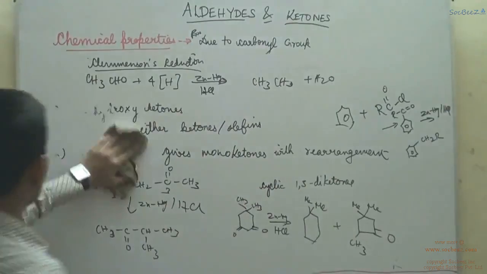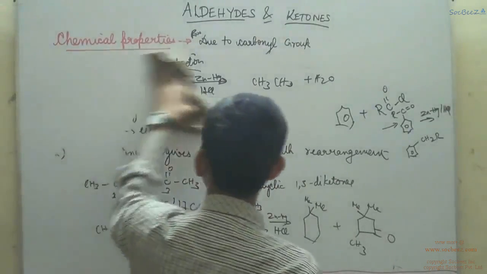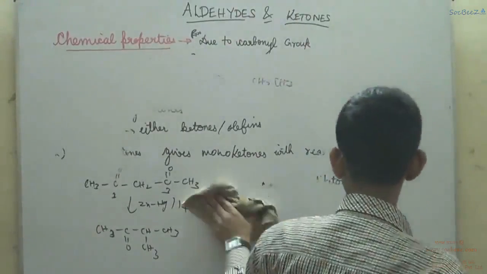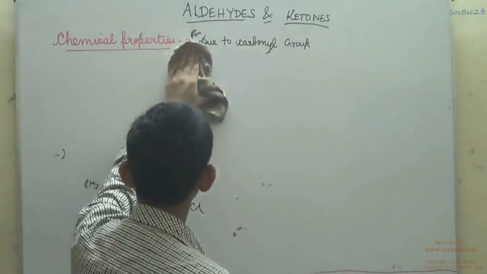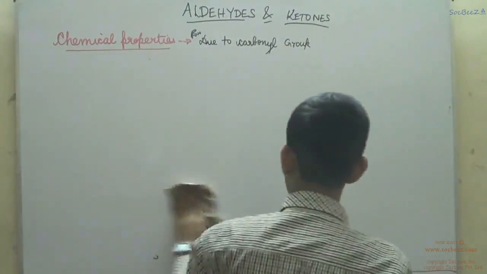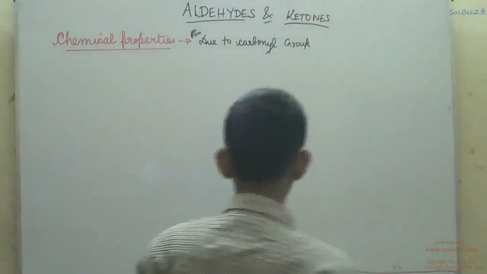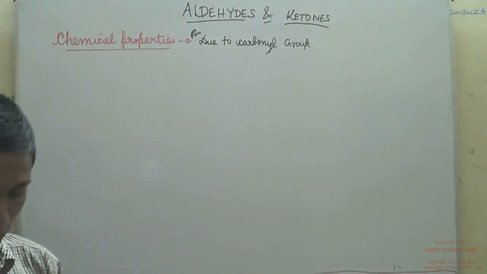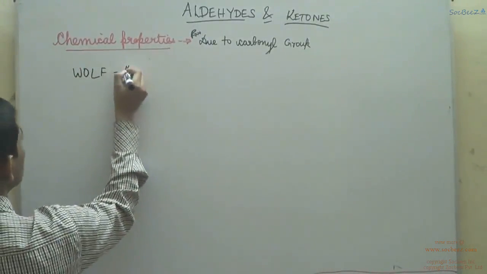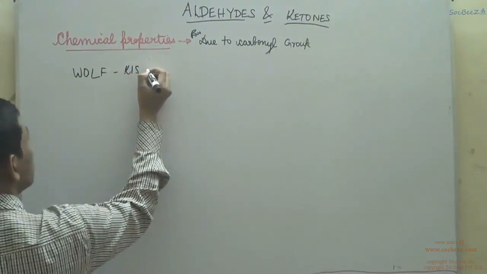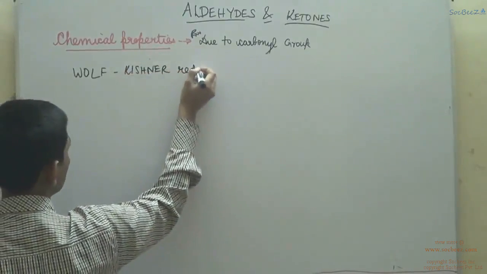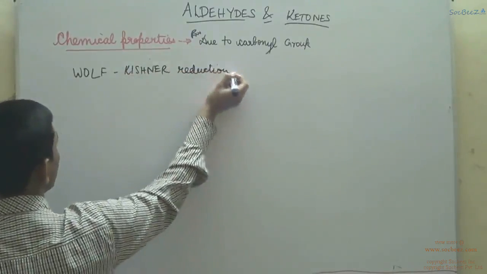That was Clemmensen. Now we go to Wolff-Kishner, which takes place in basic medium, unlike Clemmensen's, which was taking place in acidic medium. So as soon as you note this point, it should strike you that base sensitive compounds are not suitable in this particular method. So next reaction, Wolff-Kishner reaction, or let's call it reduction.